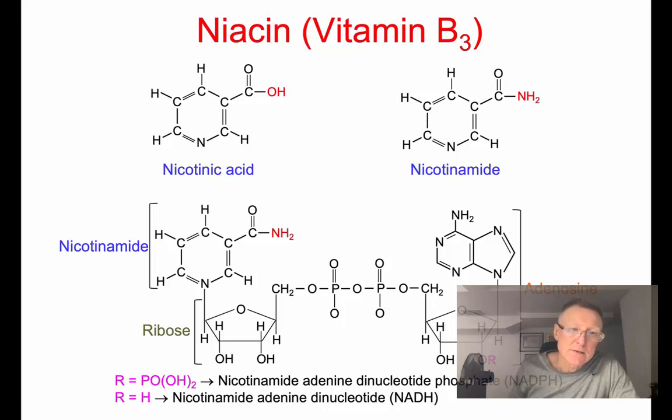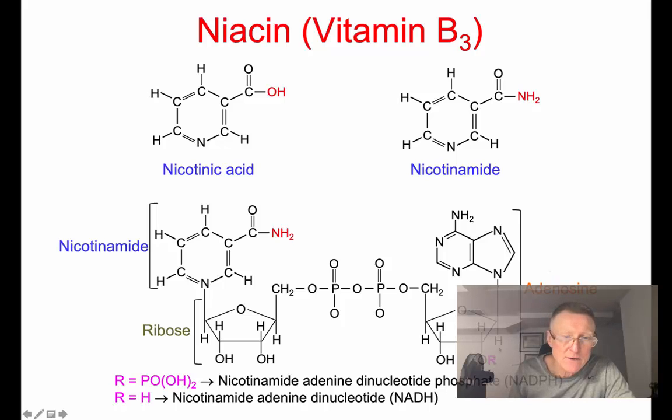Now, nicotinamide is bound to a ribose, as you can see here, and also to a phosphate group, to a nucleotide. And then if that's the case, we are going to have the nicotinamide adenine dinucleotide phosphate. So in this part of the molecule, in the adenosine part of the molecule, you have this R in purple here.